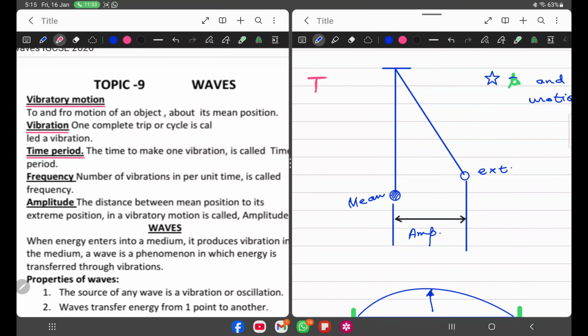Sometimes an object vibrates very fast, so if you count the number of vibrations in 1 second, this is called frequency. What is amplitude? Amplitude is the distance between the mean position and the extreme position. So these are the basic definitions which we have discussed.